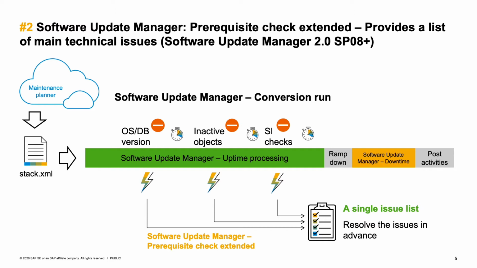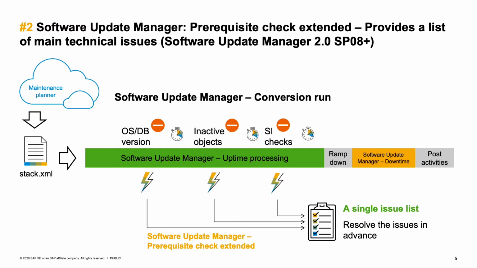There's multiple checks, and the downside of this behavior in the past was that you had to go from issue to issue, which could be a bit frustrating because you could only see the current blocking point and not the ones that are following up.